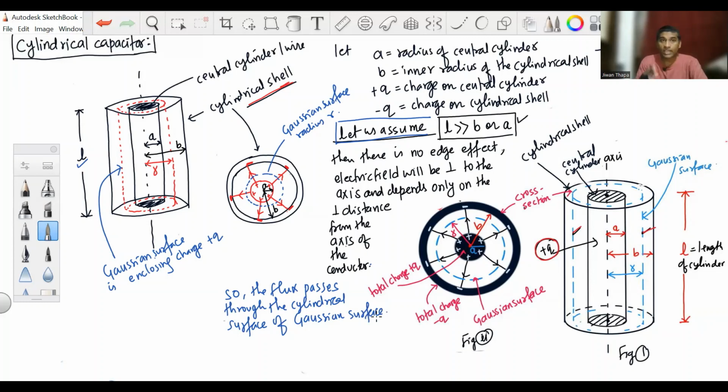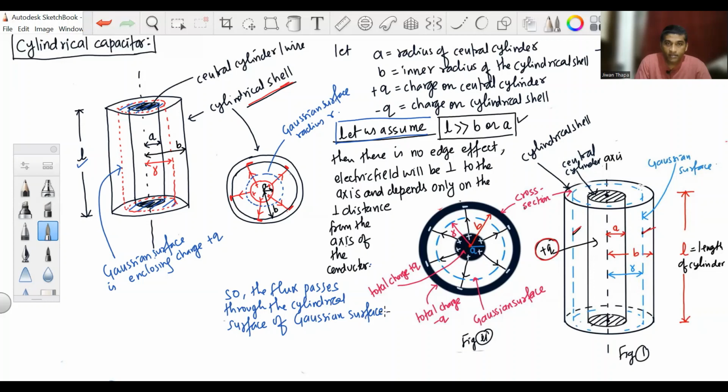And we need to note that this Gaussian surface is closed at both the ends. Clear? The Gaussian surface is closed at both the ends.